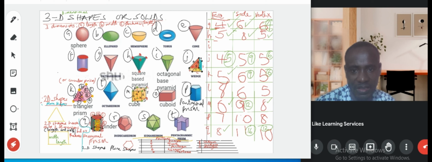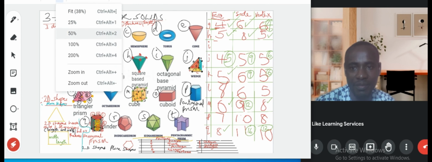The plural is vertices, singular is vertex. Now the sides are the edges. Faces are all the plane shapes that make up the solid.